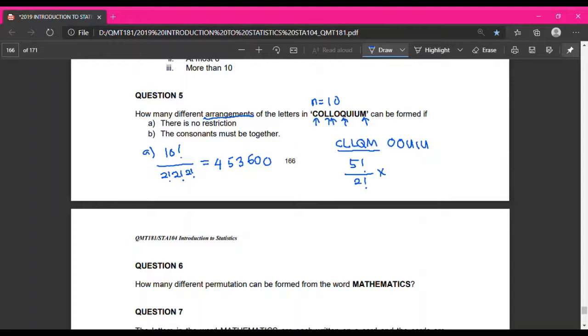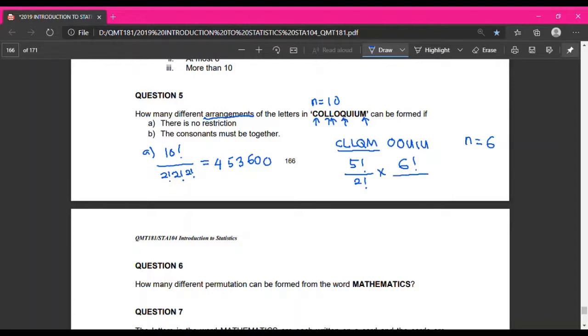Dia dah jadi 1. So, you punya N kat sekarang ni berubah. Dia akan jadi berapa N? 1, 2, 3, 4, 5, 6. N you akan jadi 6. Termasuk dengan yang ni akan jadi 1. Kira 6. Factorial. Tetapi, ni ada yang sama juga kat sini. Dia ada yang sama kat sini.